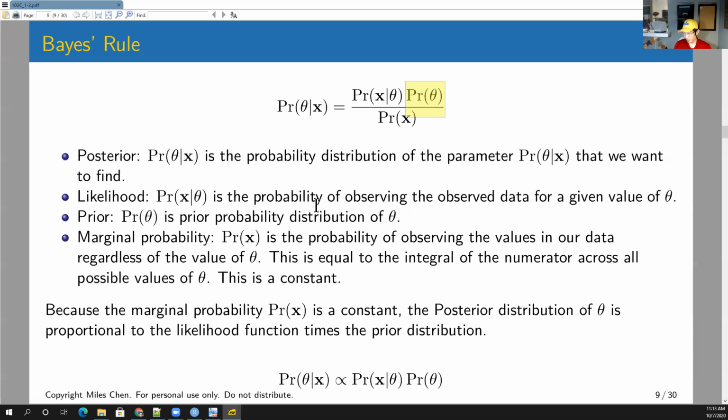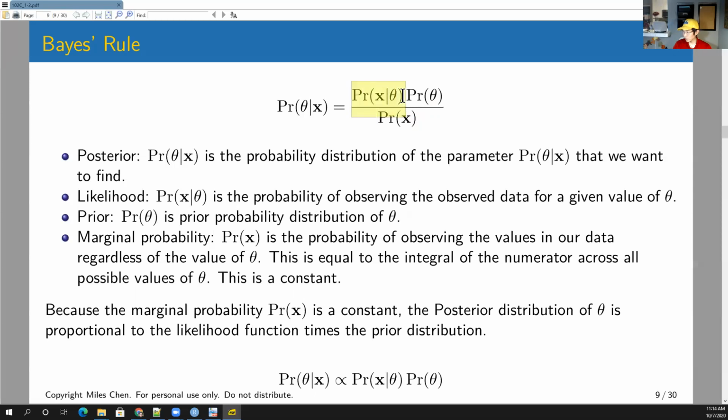So in our example, it is the beta distribution with shape parameters 81 and 219, but it could be any kind of prior probability distribution of theta. And then this bottom part is known as the marginal probability. Okay, it's the probability of getting your data regardless of what value theta is. Okay, so this part is a function.